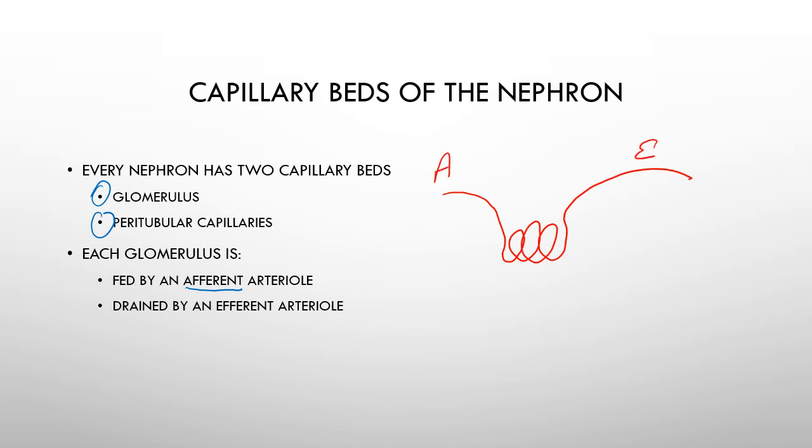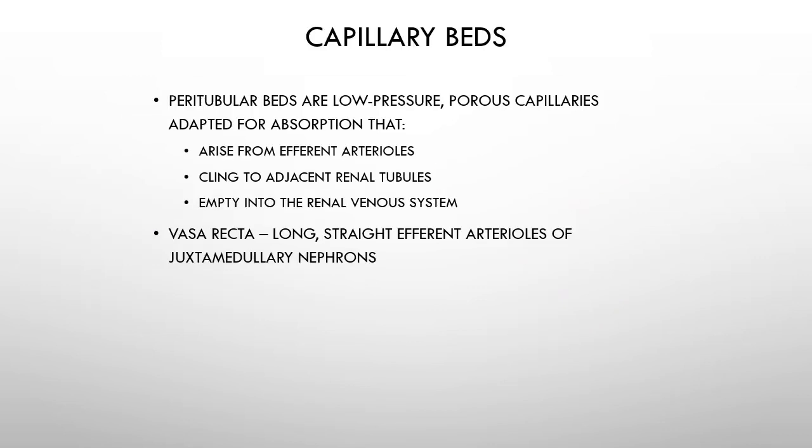And then this here being our Bowman's capsule, and essentially our filtrate, our urine being created from there, and then that Bowman's capsule continues on from there as well. And so that efferent arteriole is then going to continue on down and follow the tubules.